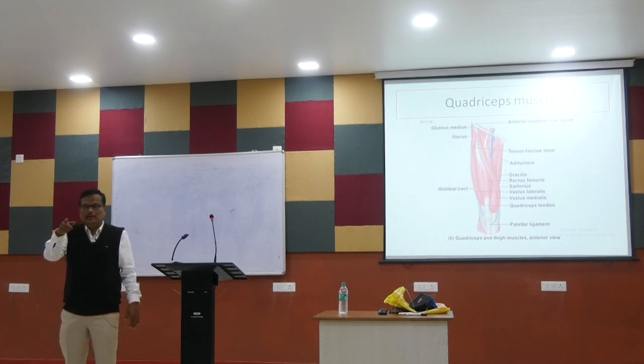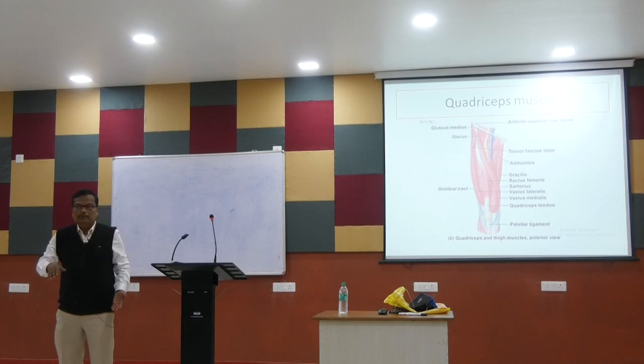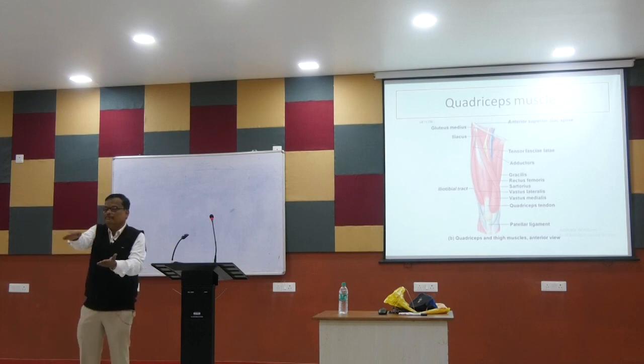Already you know, hamstring muscle, right? Hamstring muscle, semitendinosus. When you are going to dissect, you will find the semitendinosus here and the semimembranosus under it. Right? When dissecting, semitendinosus and you will find semimembranosus.